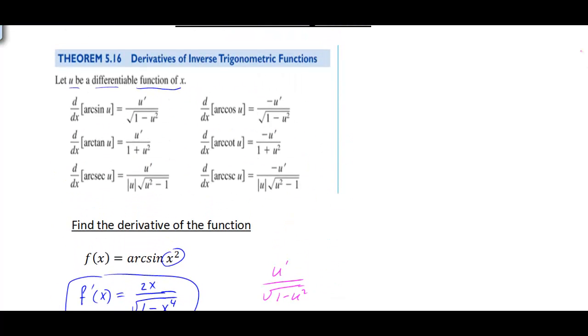The derivative of the arctangent of x, if we go up here, arctangent is u prime over 1 plus u squared. So we have u prime over 1 plus u squared. So if we're going to find the derivative, where do we start? Well, if you notice here, we have x squared multiplied by the arctangent of x.